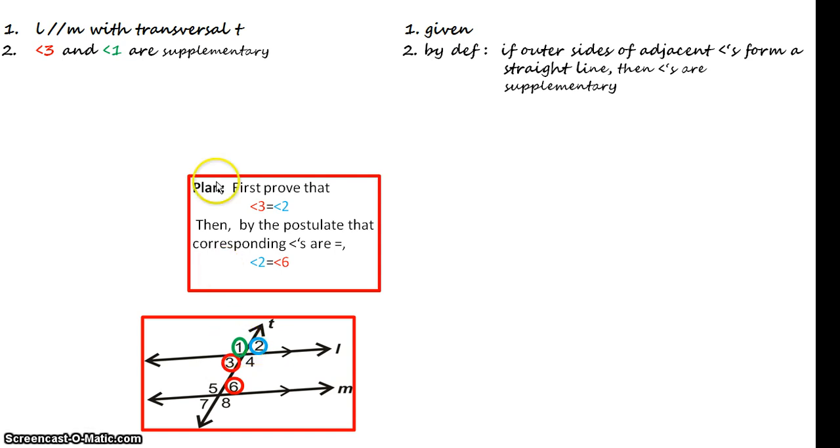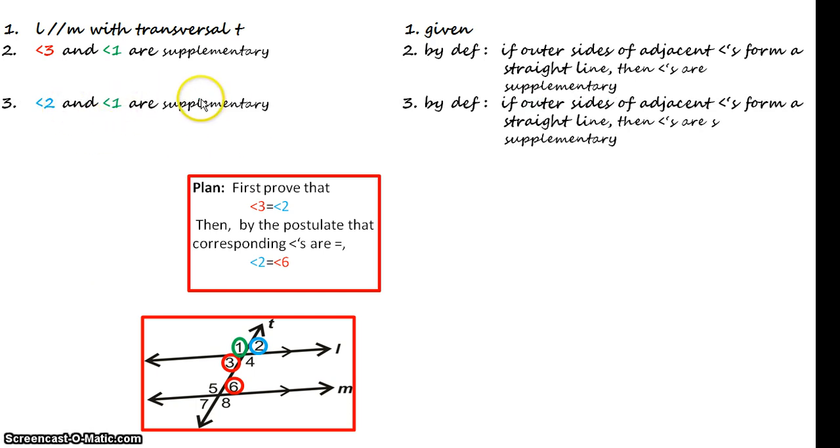By the definition of supplementary angles: if the outer sides of adjacent angles, here's the outer side of this angle, and here's the outer side of angle 3, form a straight line, which they do, then the angles are supplementary. So now let's do the same thing with angle 2 and angle 1.